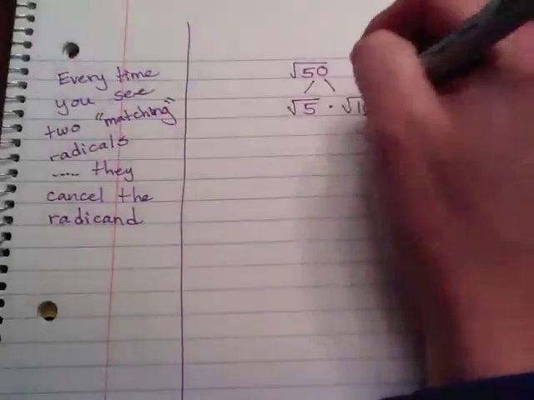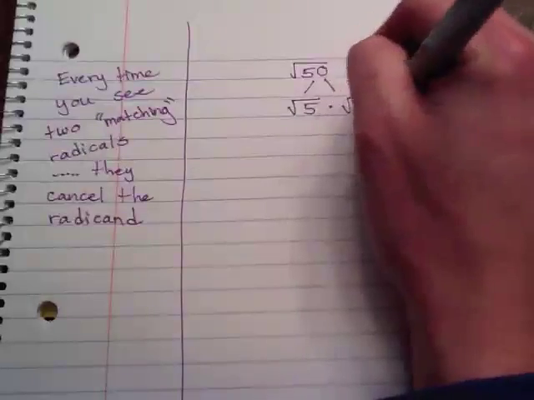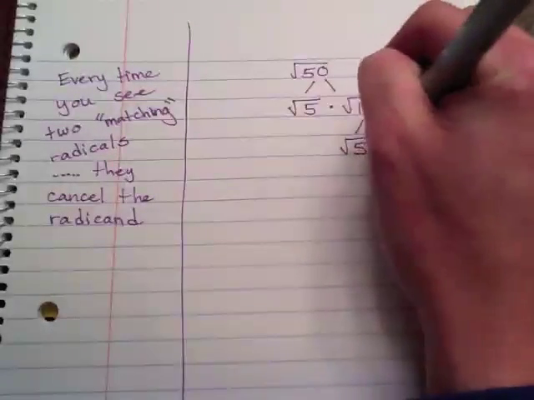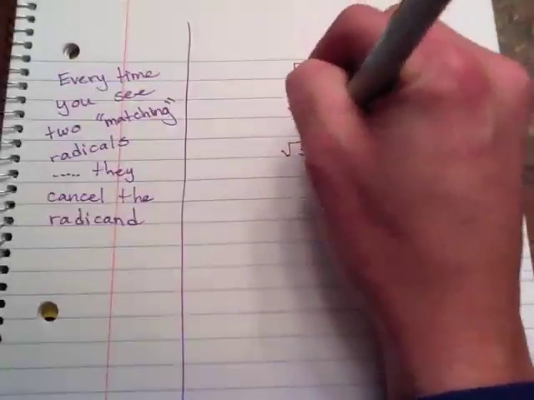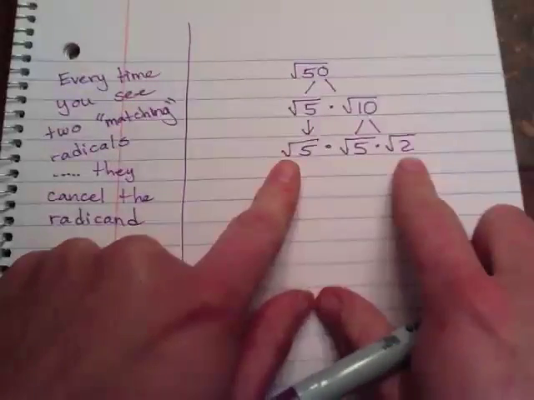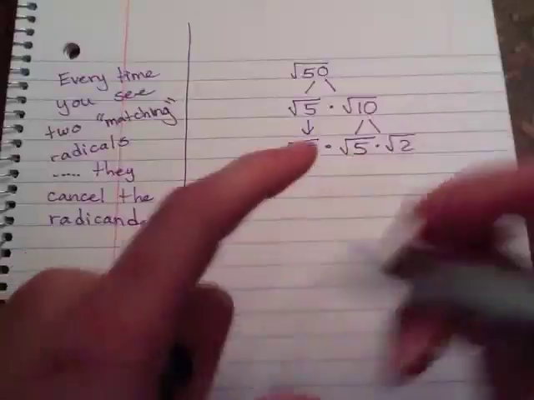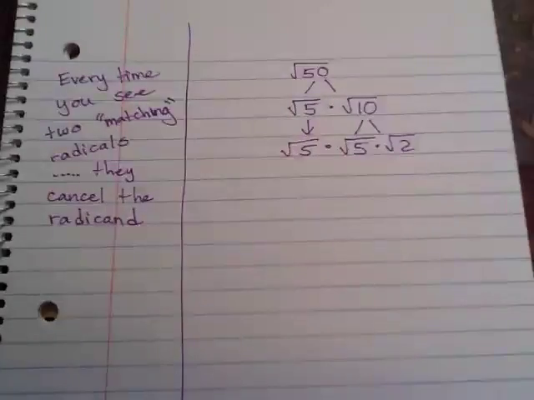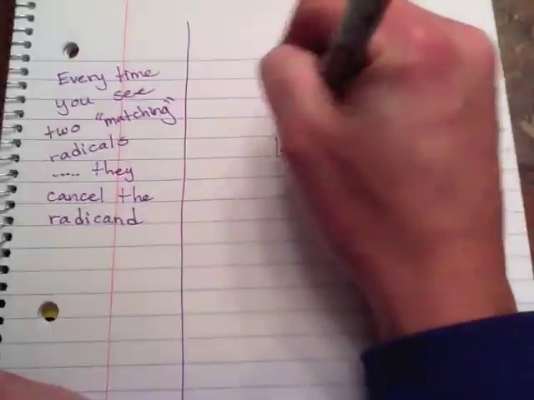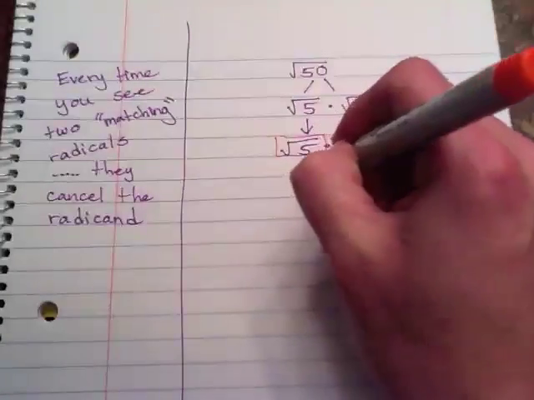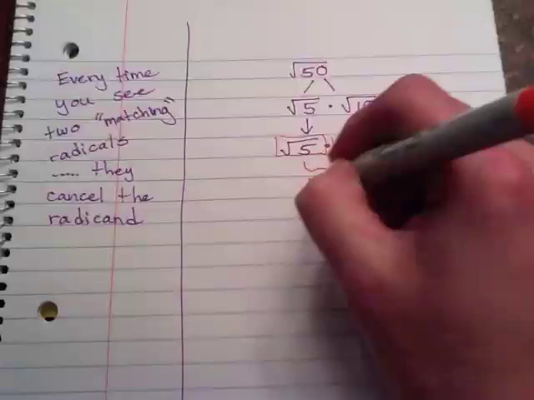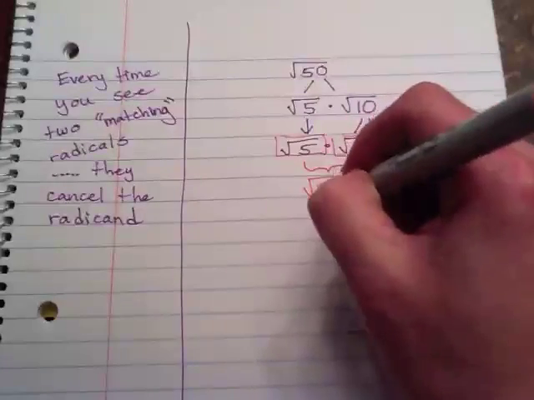But then they notice that the square root of 10 breaks down into the square root of 5 times the square root of 2. So this square root of 5 comes down, and then they have another square root of 5, and then square root of 2. This is the matching radicals that I was just talking about. If you think about that, these together make the square root of 25, which is 5.